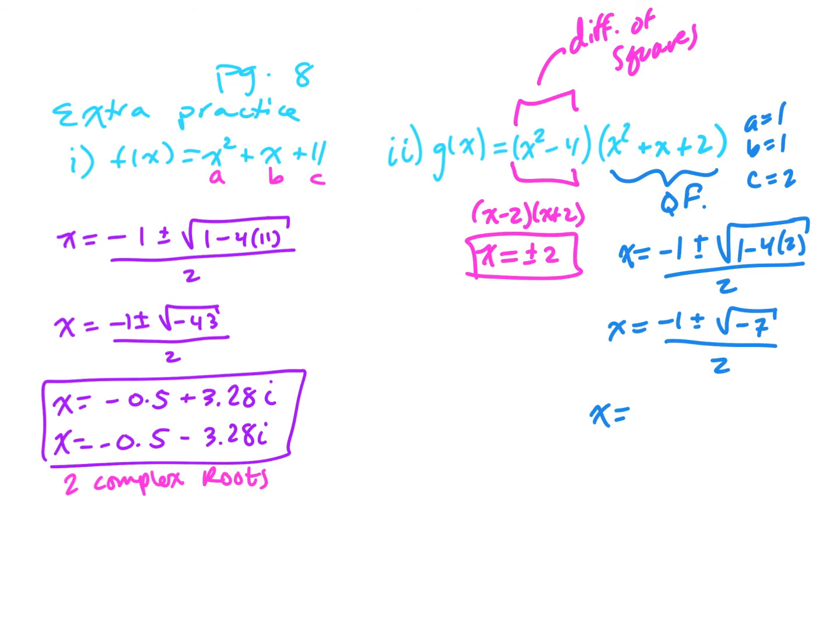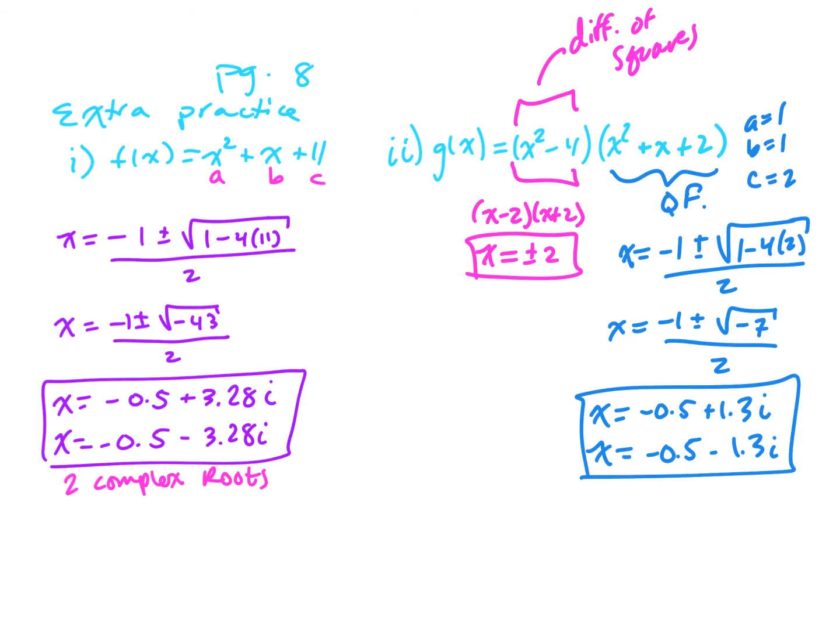Negative 1 plus square root of negative 7, divided by 2. Negative 0.5 plus 1.3i, which means I have the conjugate, which is minus 1.3i.